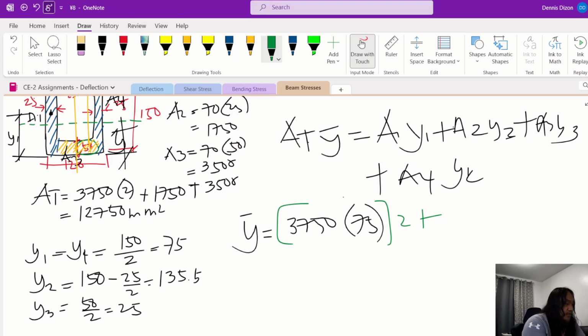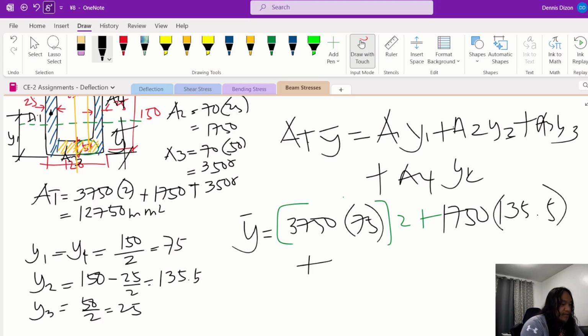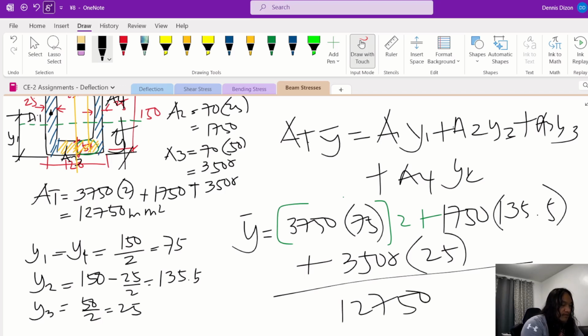So this 2 is because we have the same area 1, which is equal to area 4. And then area 2 is 1750 times y2, which is 135.5, and then plus area 3, which is 3500 times y3, 25, and then divided by the total area, which is 12750.